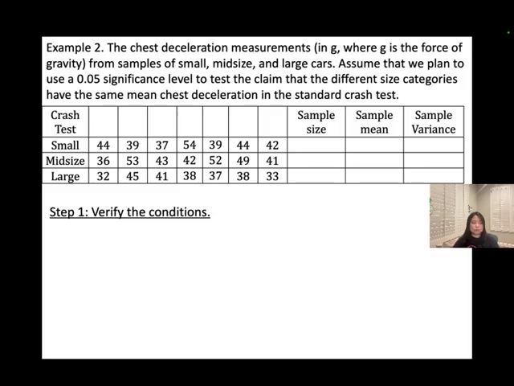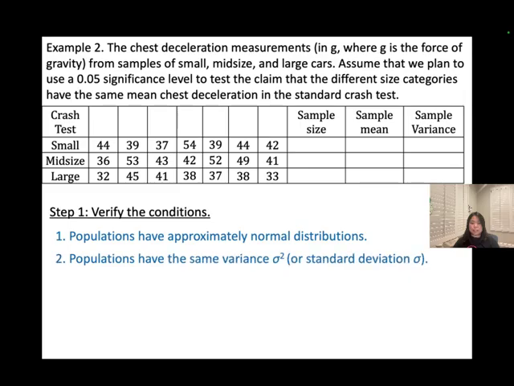Try to work it out. Populations have an approximately normal distribution, and they do have the same variance. We'll assume this example qualifies for all the requirements.